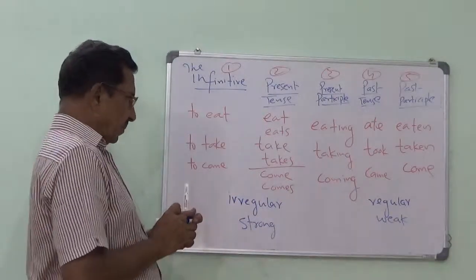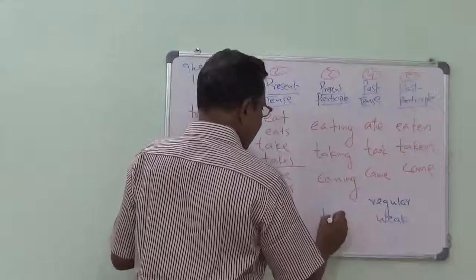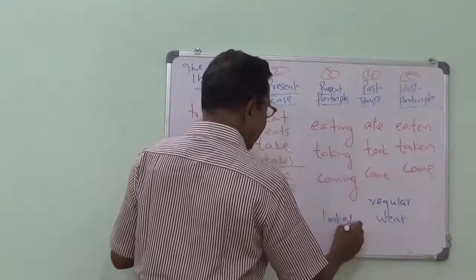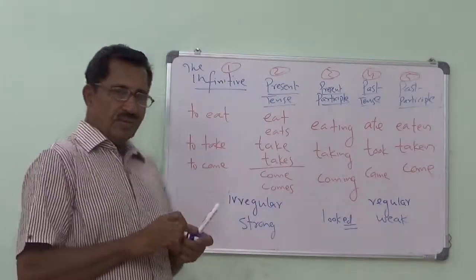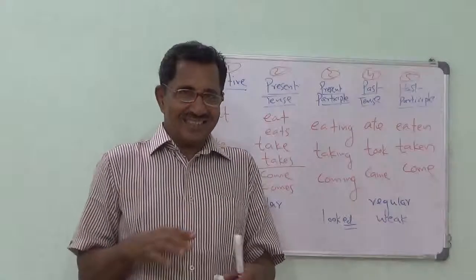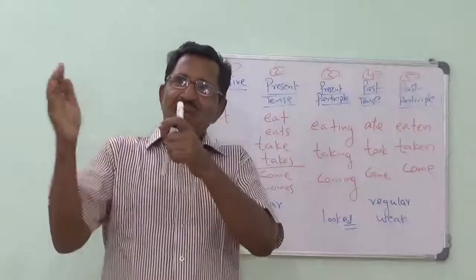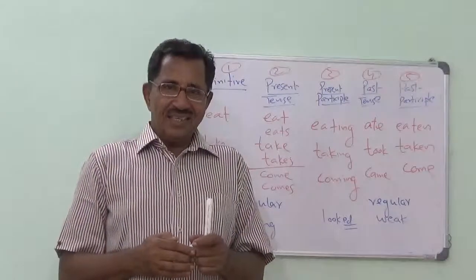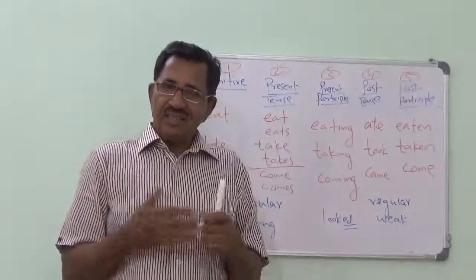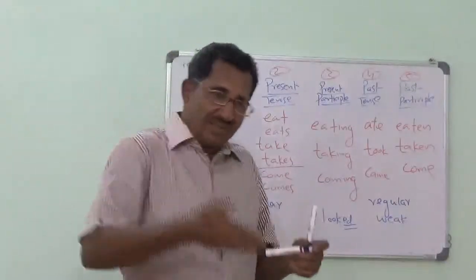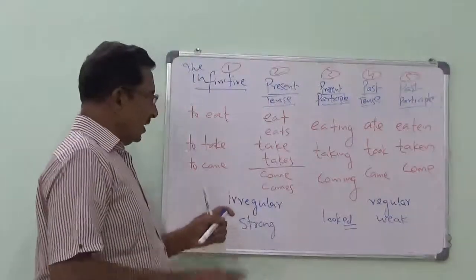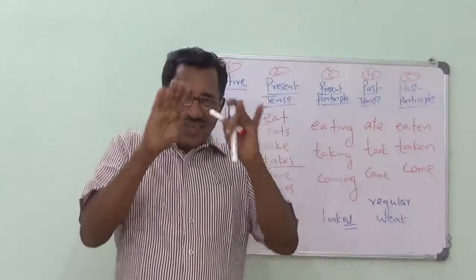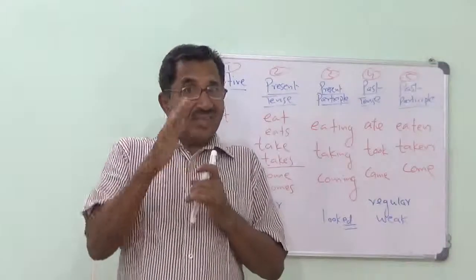A regular verb, if you take look, the past tense, you have to take help from outside: looked. Because it's weak, you want to get some help from outside. Laughed, or cried, smiled. You have to add something. But here what is happening? They adjust other forms within themselves, without the help.